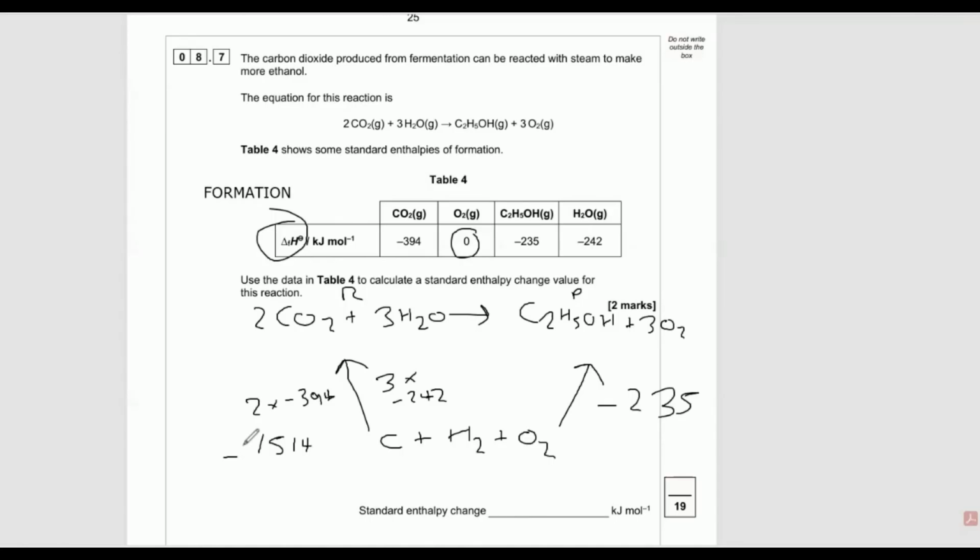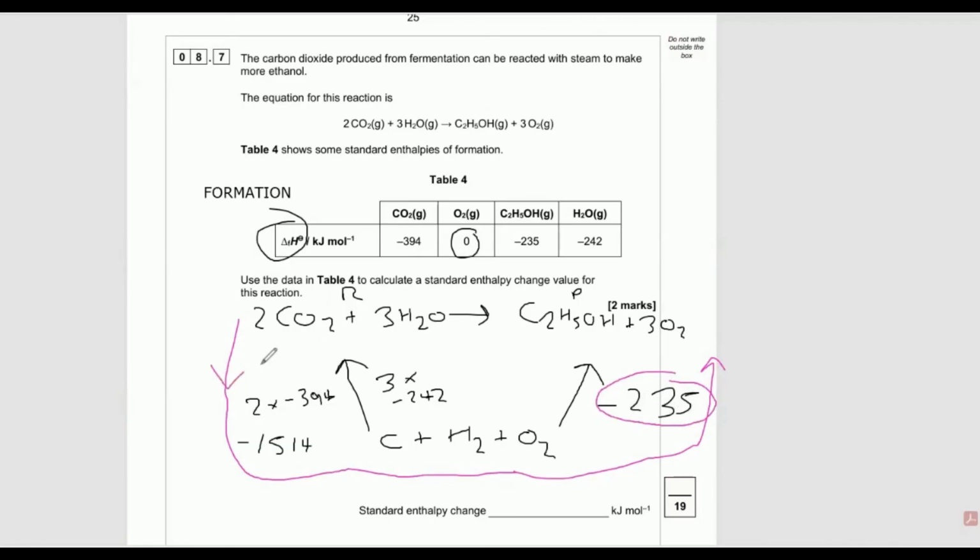And over here, that is just minus 235. Now, for Hess's law, I draw a big arrow that goes round like that. If the arrow that I've drawn round from left to right is in alignment with my formation arrow, I keep that number the same.